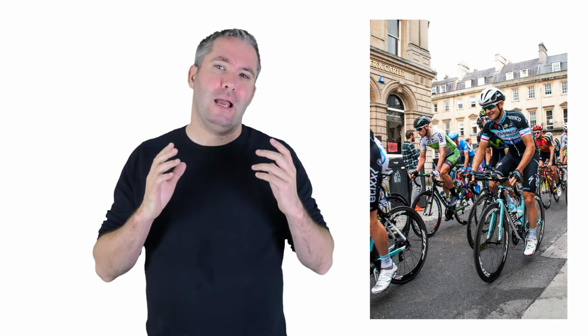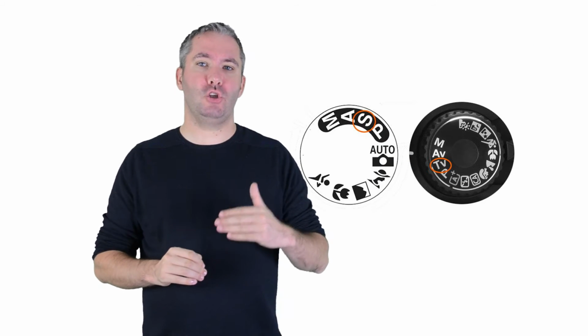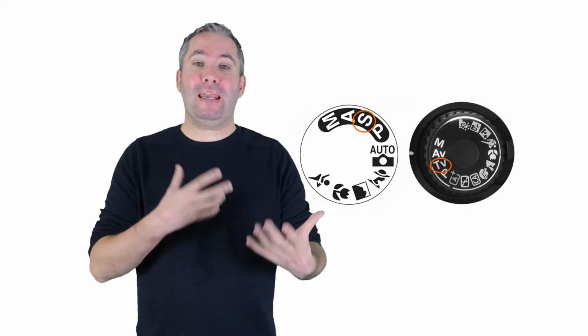Now, aperture priority for Nikon, or AV for Canon, that's basically you choosing the aperture, and the camera is going to choose the shutter speed for you when it meter reads. The problem with that is if you're not paying attention, you're not going to be working out the shutter speed.